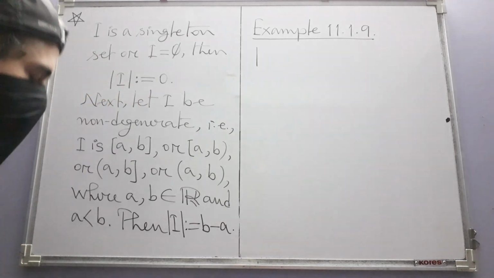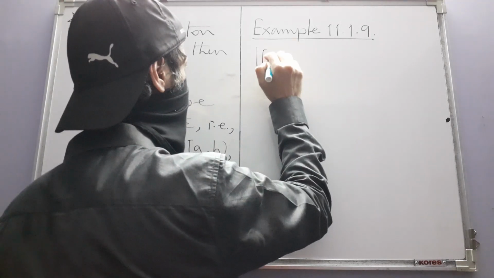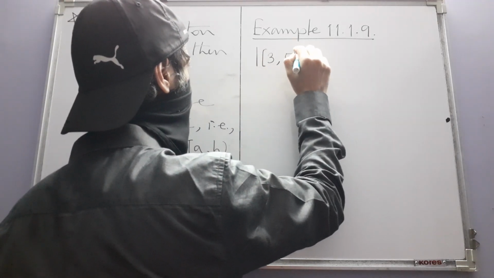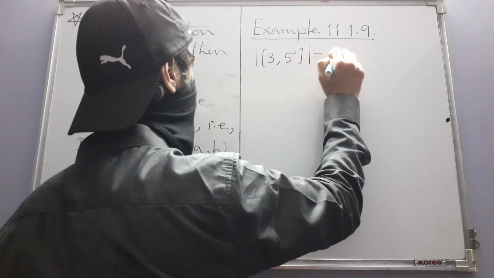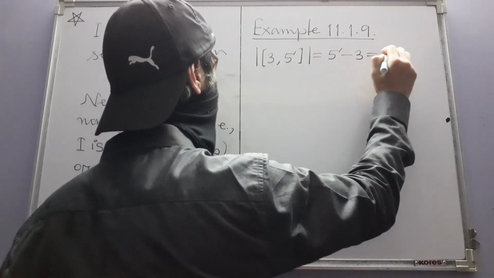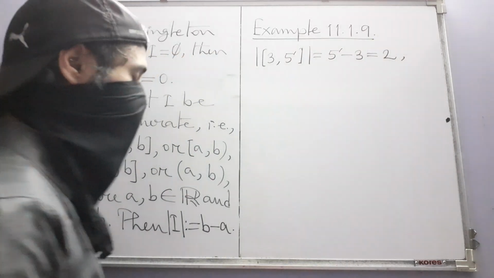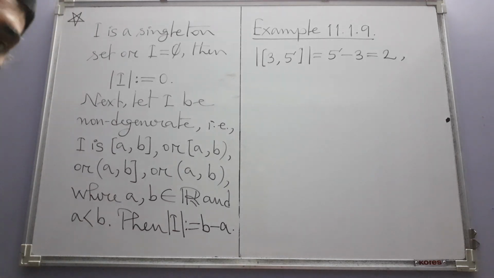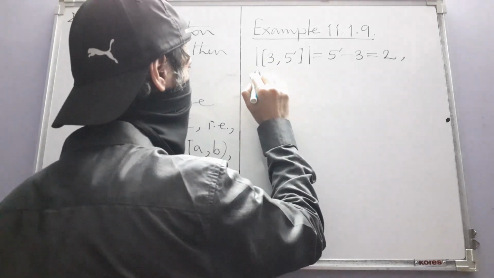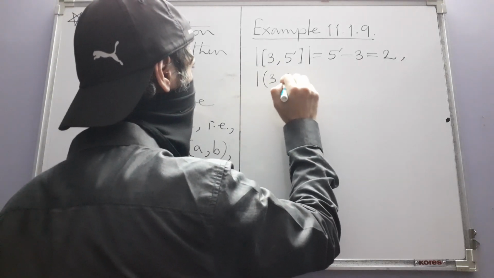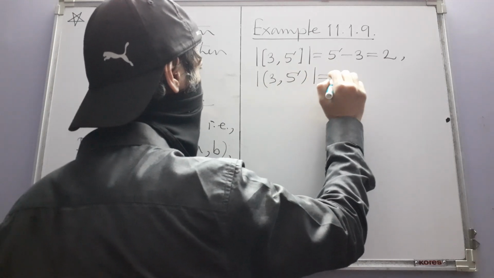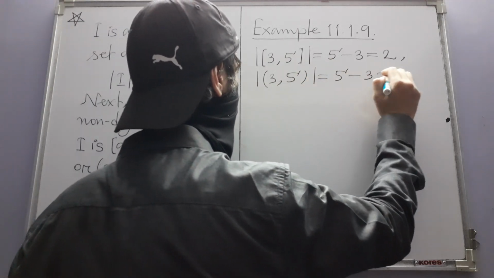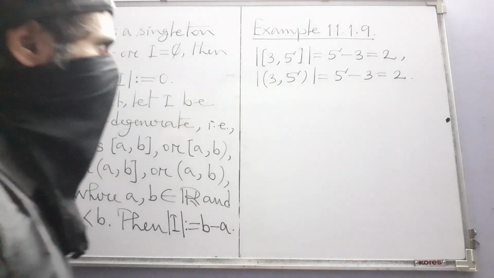The length of the closed interval [3, 5], for example, is 5 minus 3, which is 2, and the length of the open interval (3, 5) is also 5 minus 3, which is 2.